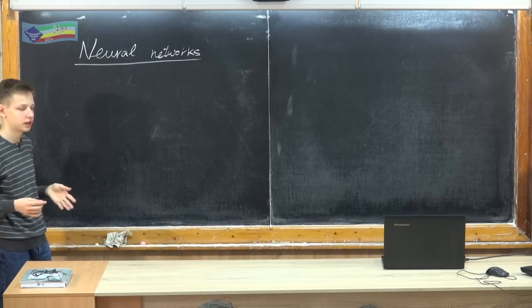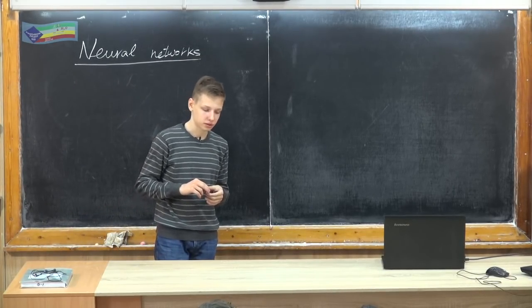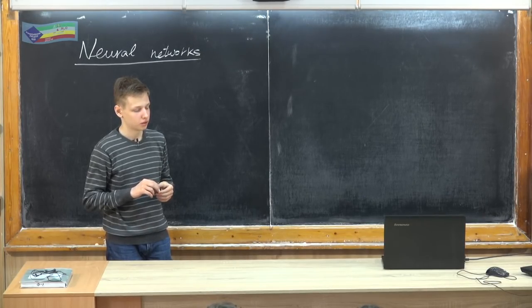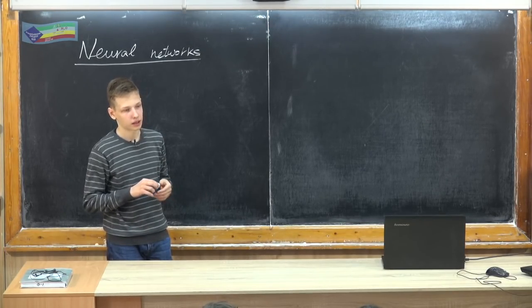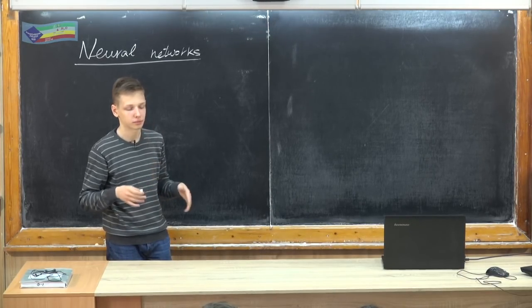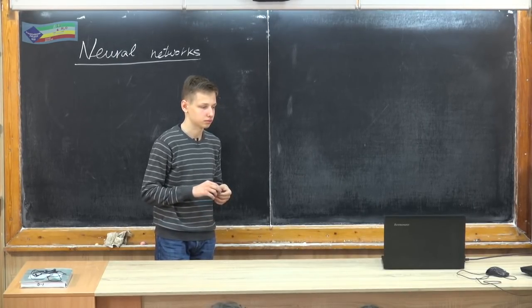So what's a neural network? In the early 40s, scientists were conducting research on brain cells, and they wanted to know how brain cells have such complex behavior.